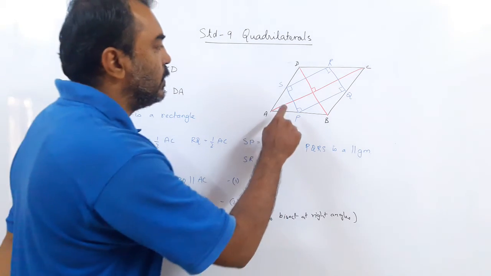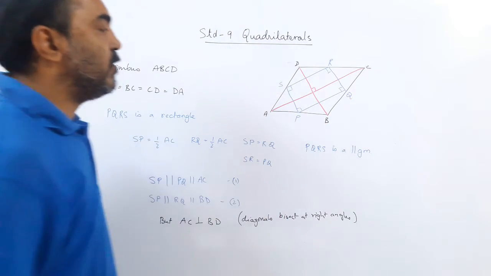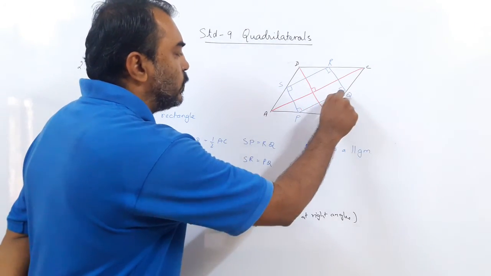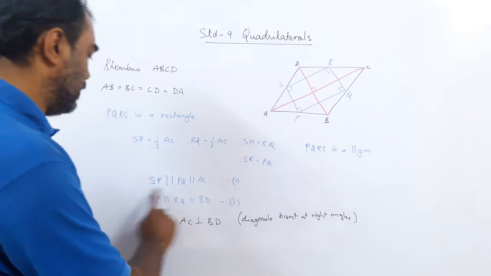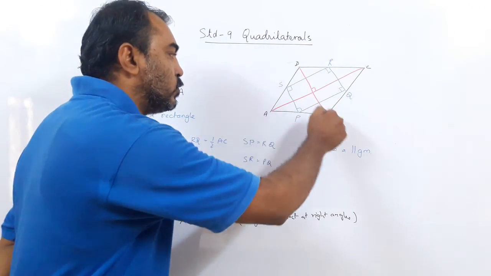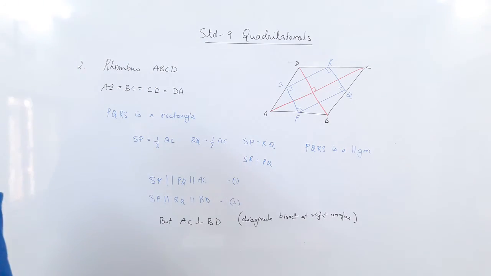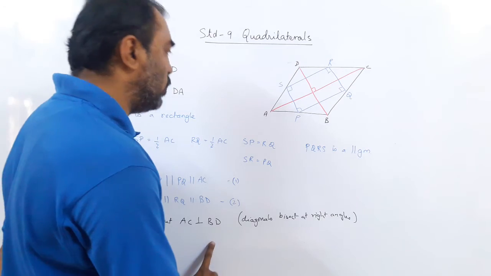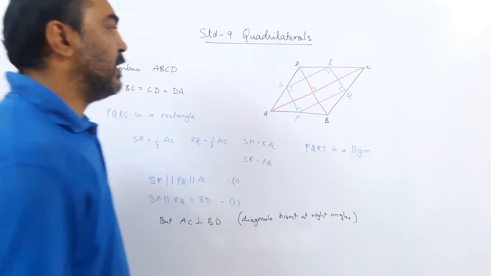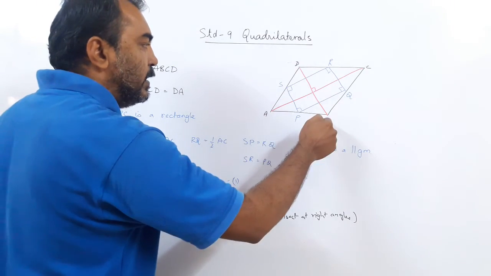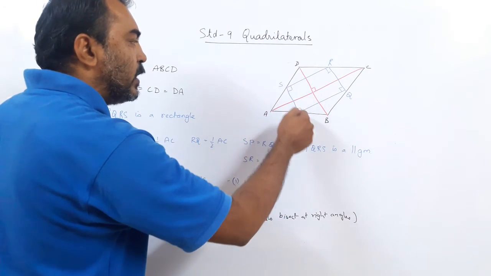Again, see carefully. PQRS is a parallelogram that we proved. So we proved SR is parallel to PQ is parallel to AC. Result 1. SP is parallel to RQ is parallel to BD. Result 2. But AC is perpendicular to BD because in a rhombus the diagonals bisect at right angles. So AC is perpendicular to BD, but BD is parallel to SP.